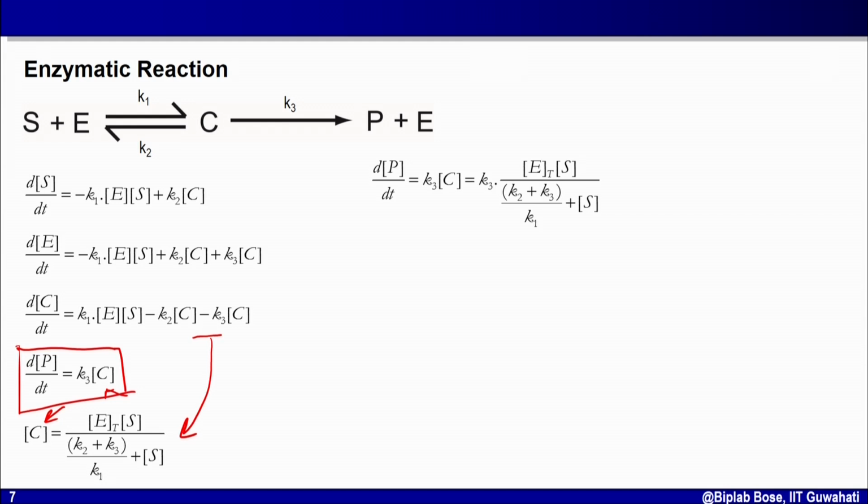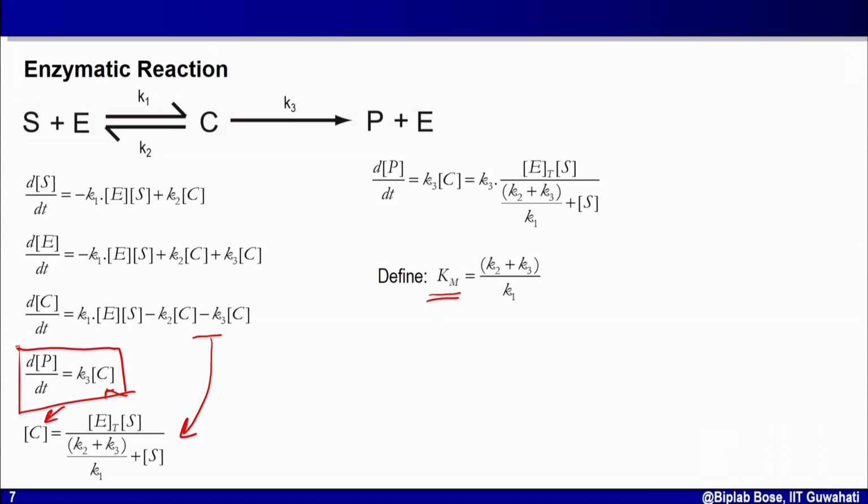So dP/dt is equal to K3 into ET into S divided by (K2 plus K3) divided by K1, plus S. Now (K2 plus K3) divided by K1 is a well-known constant, and that is called the Michaelis-Menten constant. It is called Km.